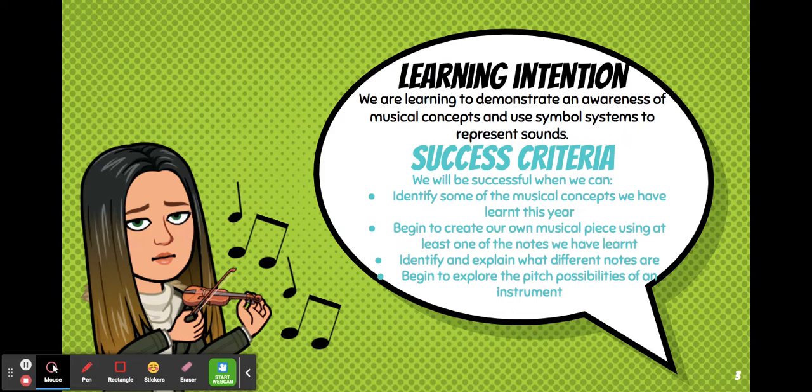Everybody's also doing a really great job at identifying and explaining what the different notes are. So they're able to name them and then talk about or write about how long these notes are held for or what they do. And hopefully today you'll have the opportunity to begin to explore the pitch possibilities of an instrument. And we'll be doing that through the use of a virtual piano.